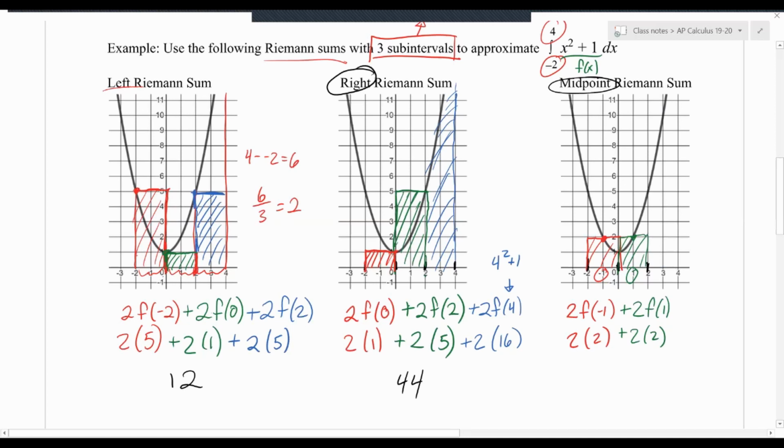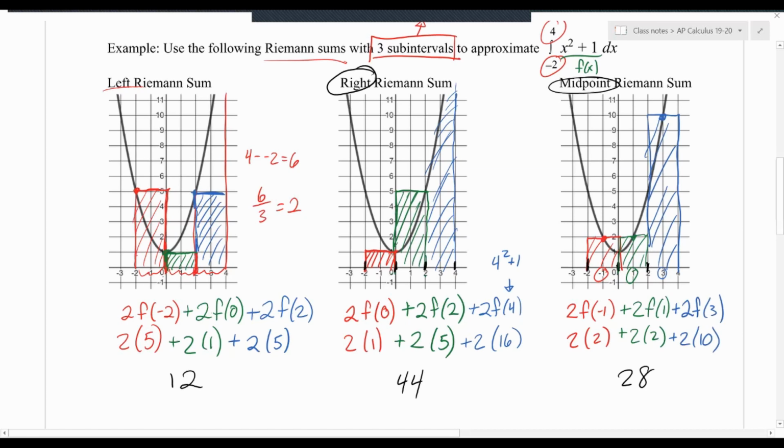We're going between 2 and 4. The middle is 3. So this rectangle will have a height at f of 3. So our area is the base, 2, times the height, f of 3. f of 3 was 10. So if we simplify this, 4 plus 4 plus 20 is 28.